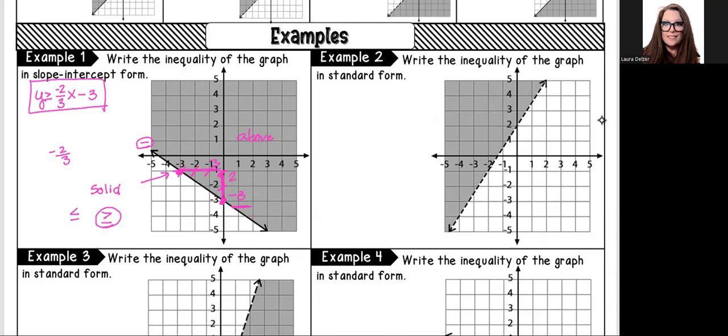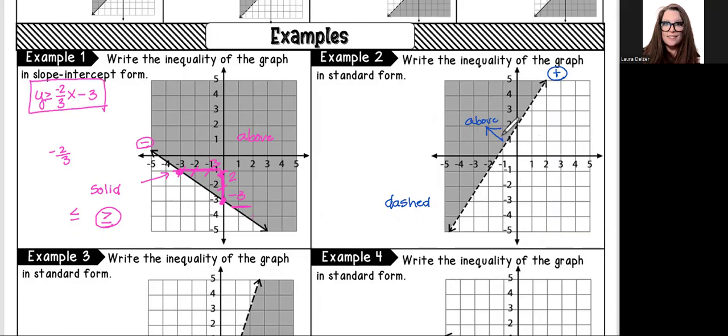Okay, let me go ahead and grab a different color and I'll come over here to this one. I notice here that this is a dashed line. I know that it's shaded above. I see that it's going up, it's got a positive slope.